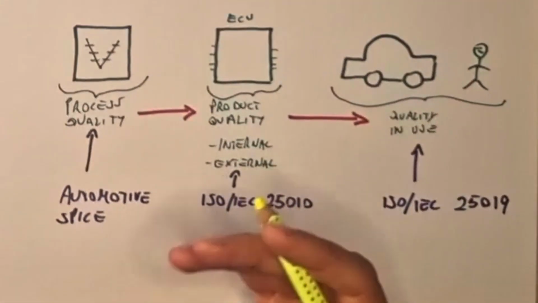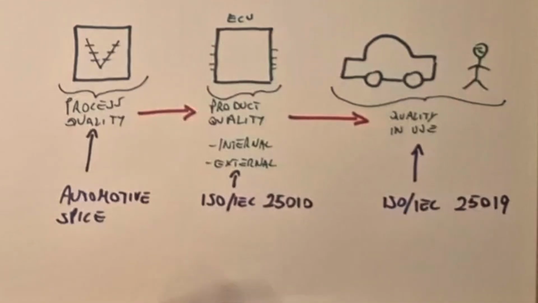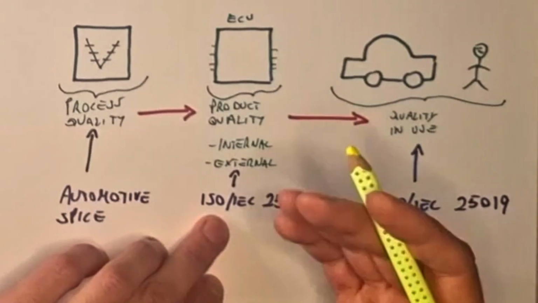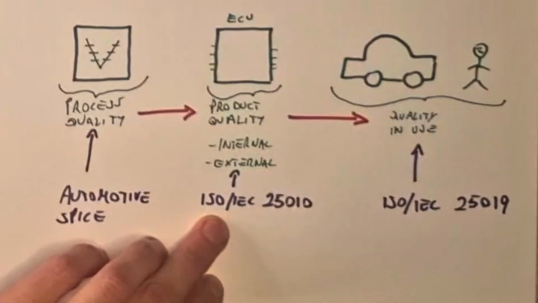Now let's introduce the concept of software quality characteristics. In automotive software development, Automotive SPICE helps organizations define and implement high-quality software development processes. At the same time, standards like the ISO 25010 guide us on what characteristics the software itself should have in terms of product quality.